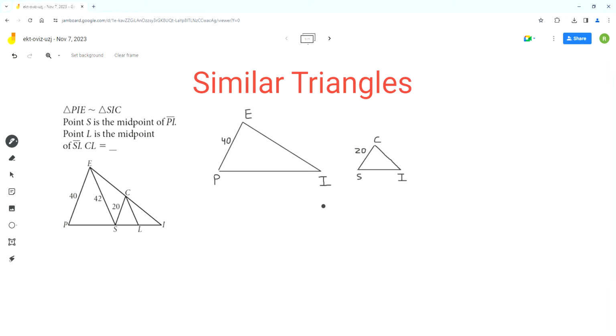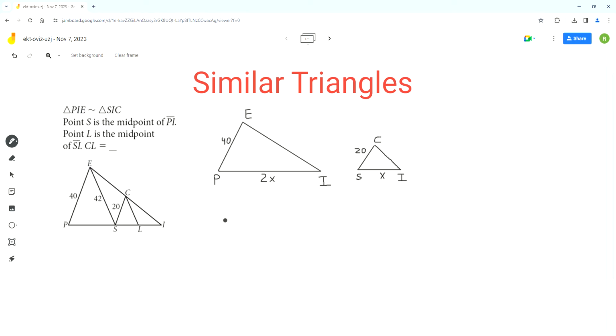Now we are given that S is the midpoint of PI. That means if SI is x, that means PI is 2x. So SI is half the length of PI. Since these two triangles are similar, their corresponding sides should have the same ratio.